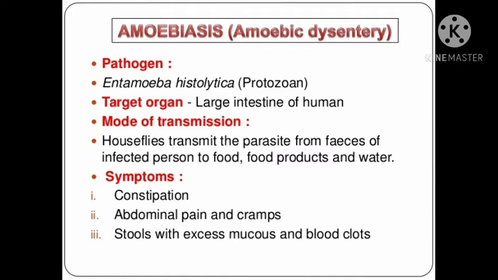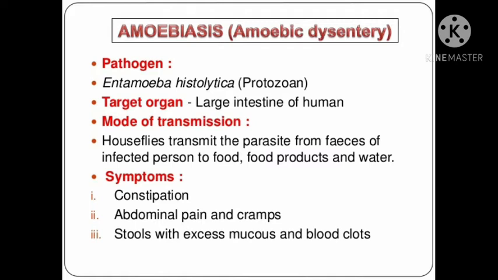Prevention is covering of food and food products so that houseflies do not get attracted to them. Also drinking clean boiled water, covering the water sources with proper covers, or periodic disinfecting of the water can be done.